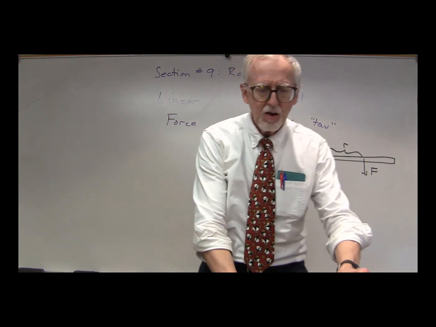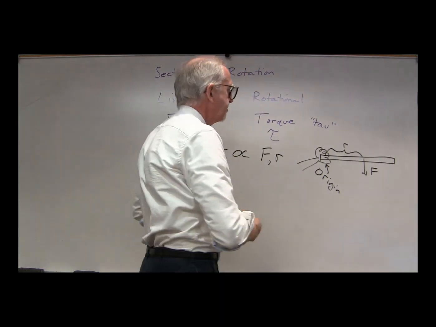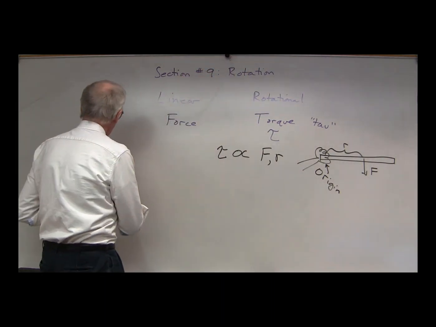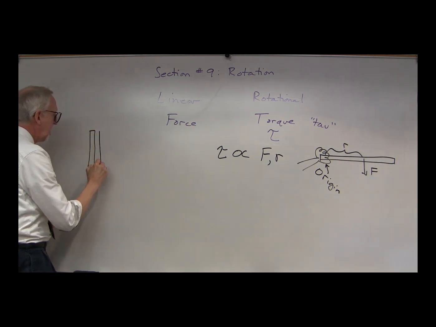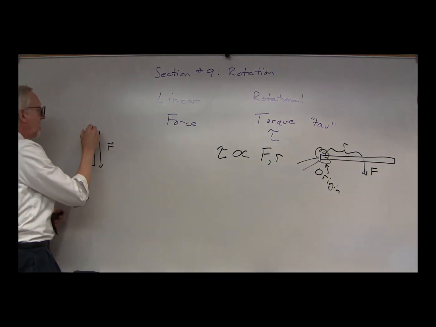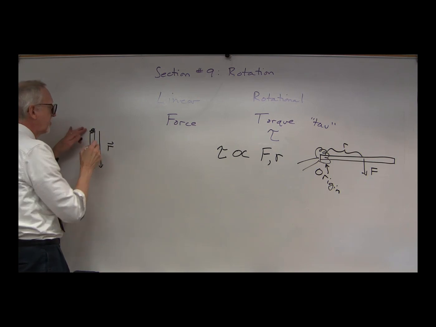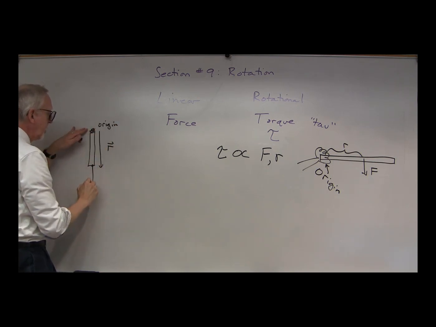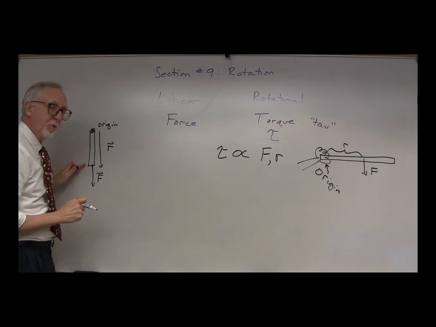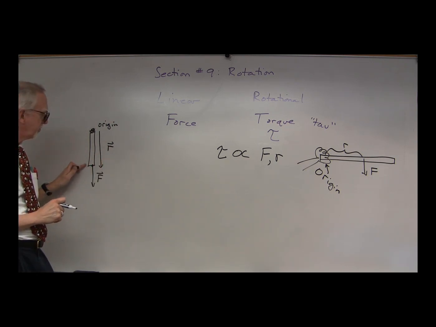Well, how can we put all this together? If we have R, now R is the vector that goes from the origin to the point where the force is applied. So R goes from the origin to the point where we're applying the force.